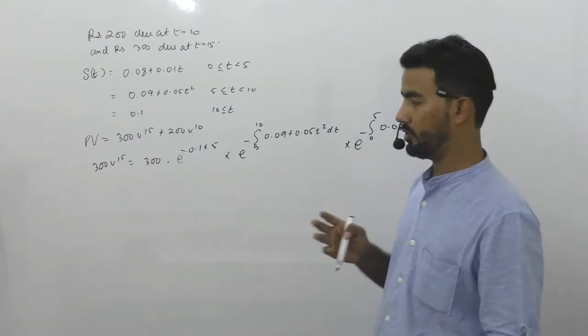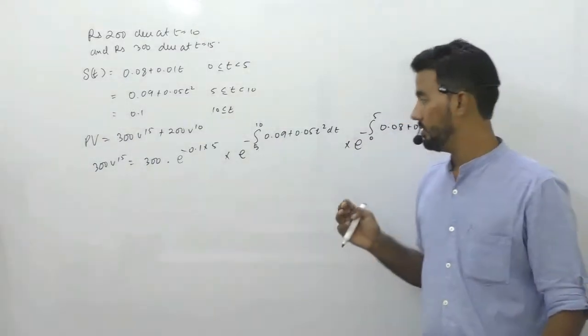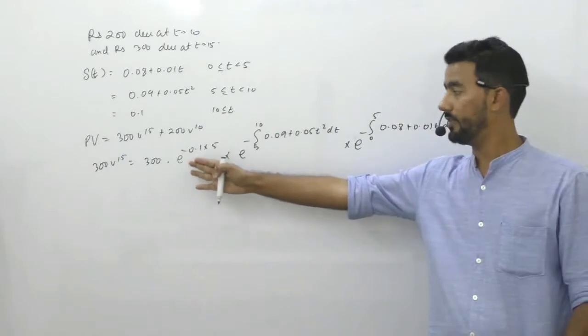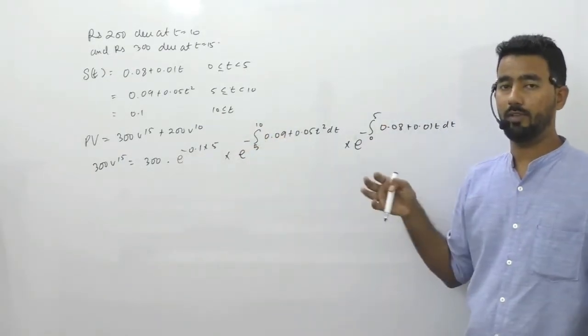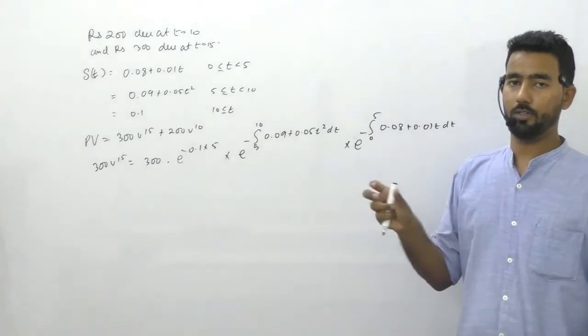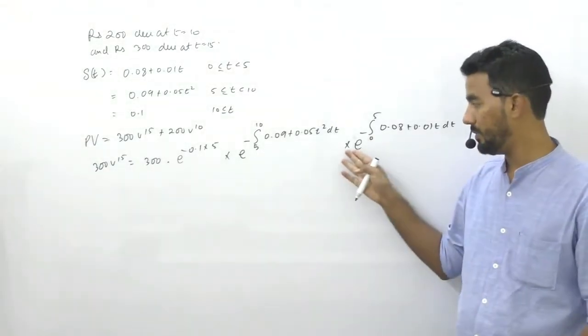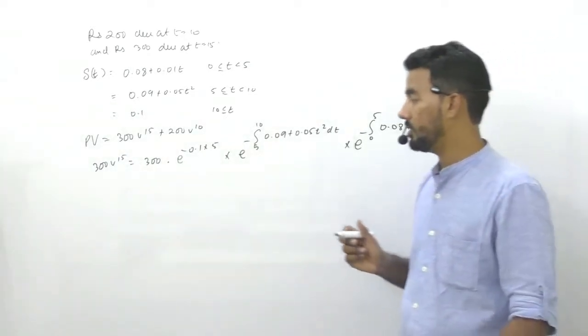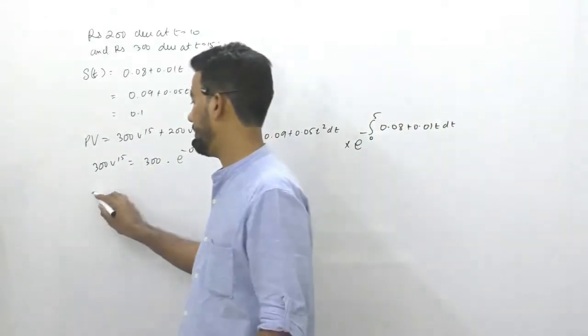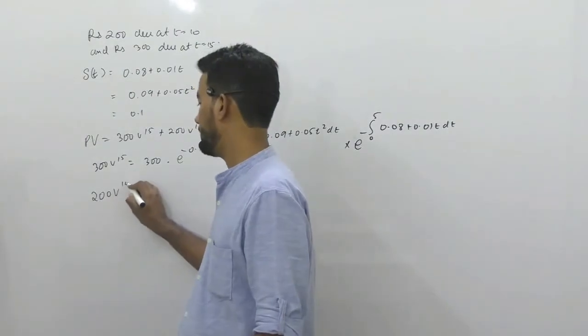So you split the discount factors and multiply them. First you get the value from time 15 to time 10, then 10 to 5, and then from 5 to 0. Wherever the force of interest changes, you have to break the discount factor in such a way and multiply them, not add them. So this is how we get the present value of 300 rupees, and then we have to find the present value of 200 rupees.